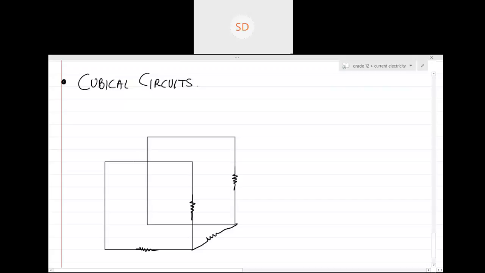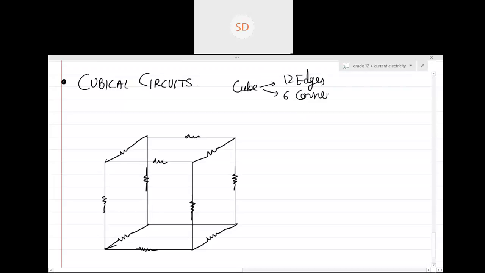Every edge has a resistor. How many resistors will you have if every edge of the cube has a resistor? 12, right? A cube has 12 edges, 8 corners, and 6 faces. Yes or no?